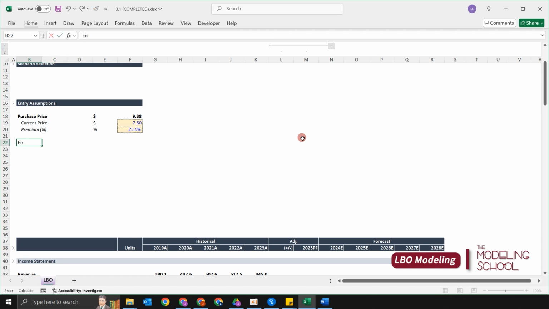Now we can calculate entry value. So we want to know the equity entry value, so the equity value, as well as the enterprise value.